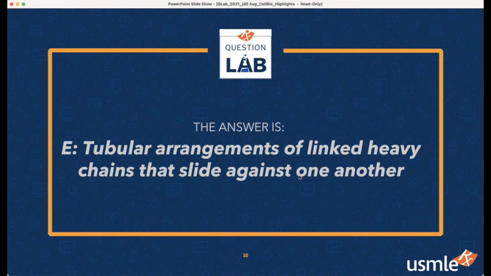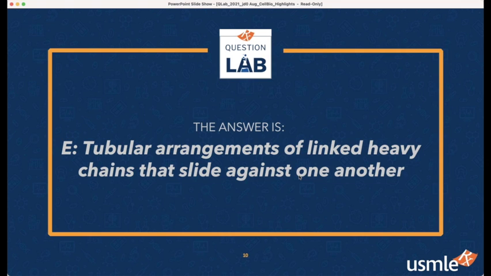And the answer is E, tubular arrangements of linked heavy chains that slide against one another. Congratulations, all of you that got it right. And for everyone, let's dig in and let Paris explain how we got to that answer.